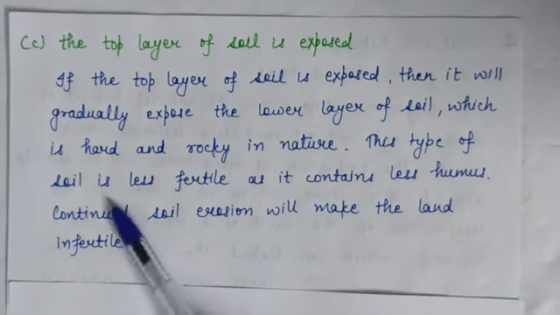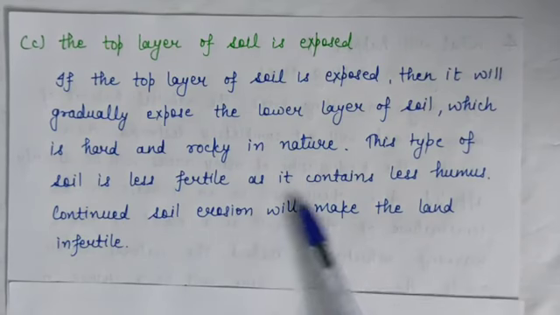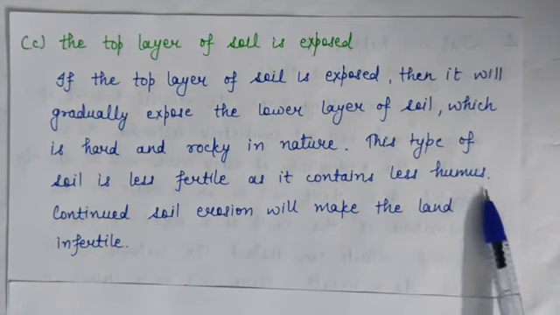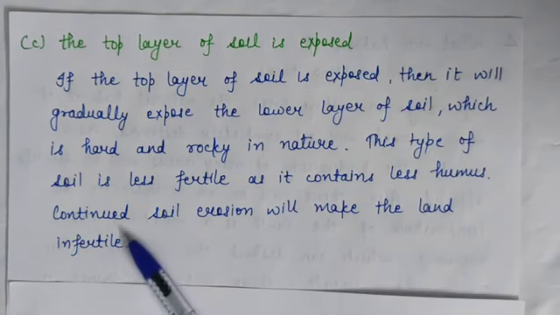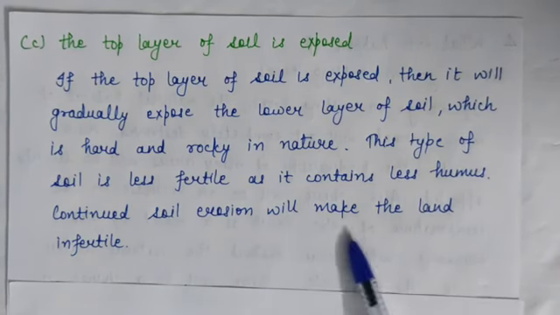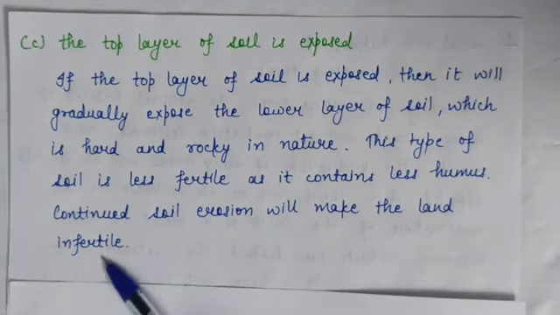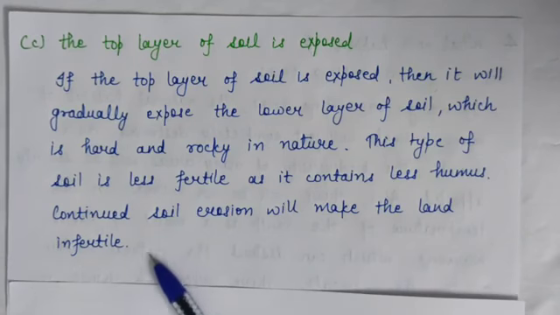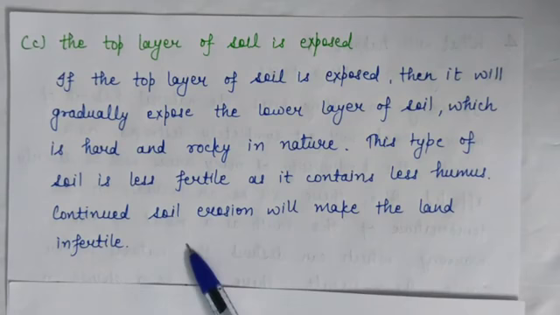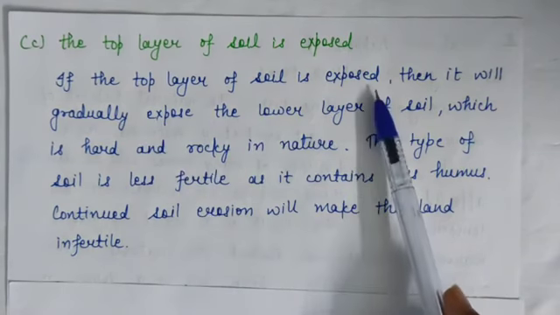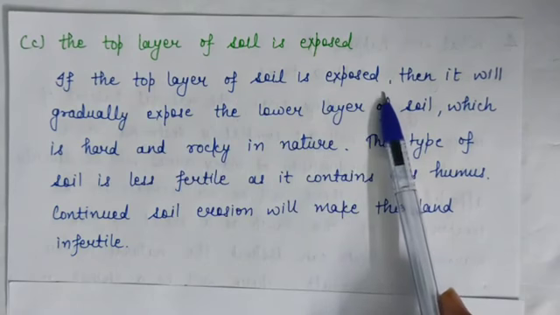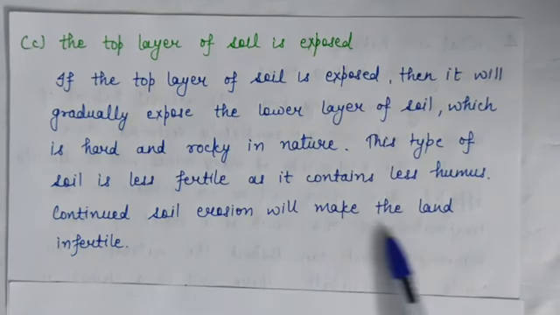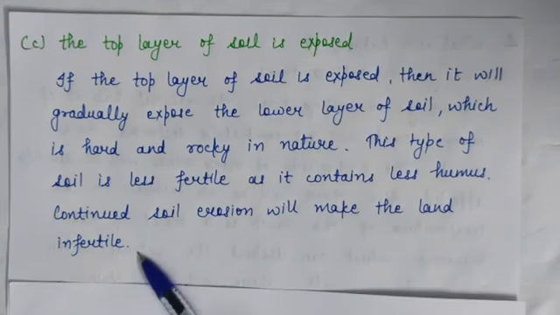This type of soil is less fertile as it contains less humus, and continued soil erosion will make the land infertile. Means it will lead to desertification also. Means if the top layer of soil is exposed, then it will make the land infertile.